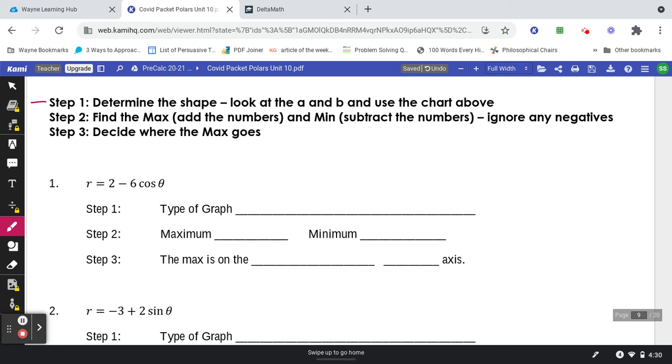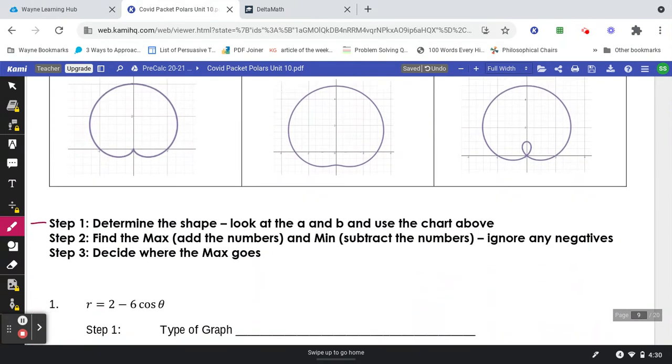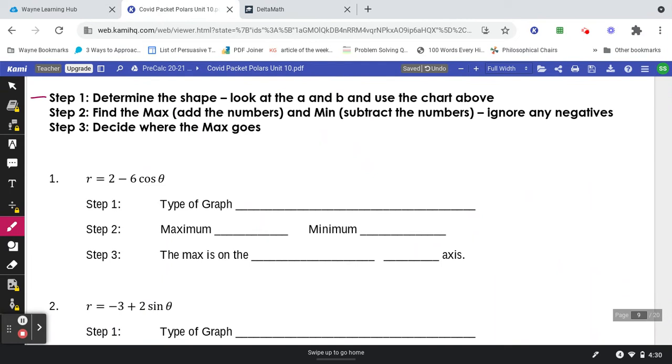So step number 1, it says determine the shape. So we look at the A and B, and we use the chart above to decide which of these 3 categories it is. So let's go ahead and do that for example number 1. I have a 2 and a 6. So again, I'm only focused on the 2 and the 6. I don't care about the minus in the middle. I don't read that 6 as a negative 6. I just read 2 and 6.